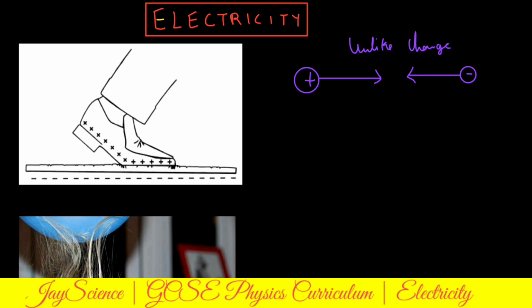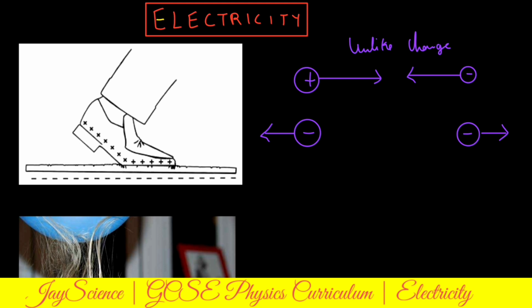When we're talking about poles, we're talking about charges here. And then what if we have two charges that have the same sign? Two negative charges would actually repel. Like charges repel and opposite charges attract.